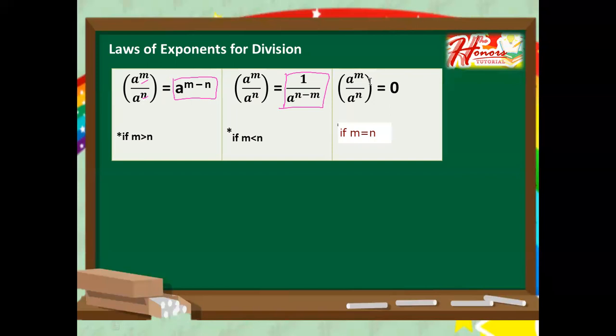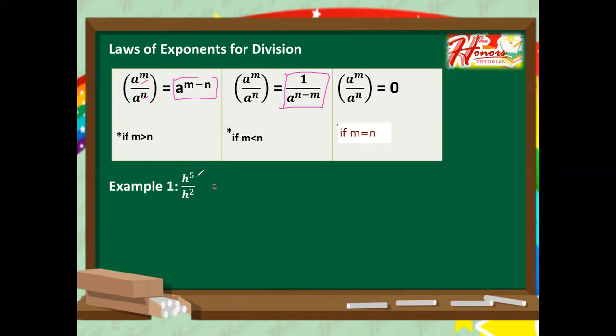Let's have an example for us to try this. Let's say that we have here h raised to 5 over h raised to 2. So this is what we are going to do.